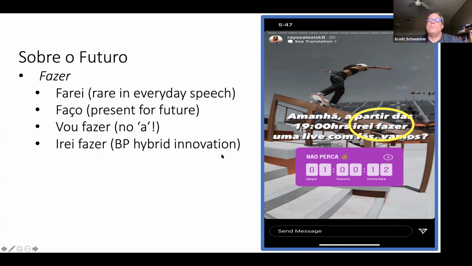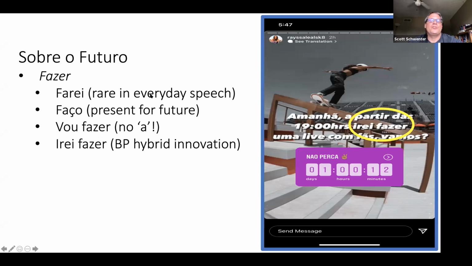But this is what Raíssa used, this irei fazer. She's actually from the far north. She's from the state of Maranhão. And she uses irei fazer. So this is actually the synthetic future, right? I will go, just like in Spanish, iré, plus the infinitive, right? And I've never seen this anywhere except in Brazil.